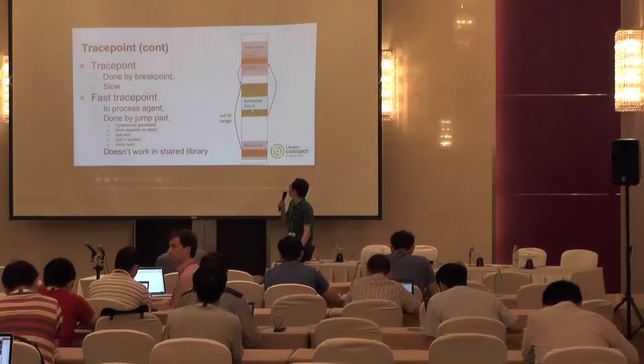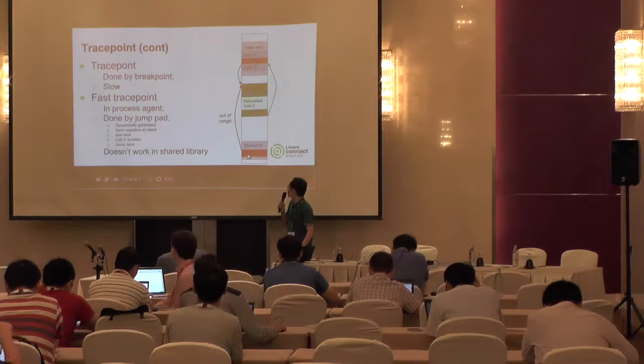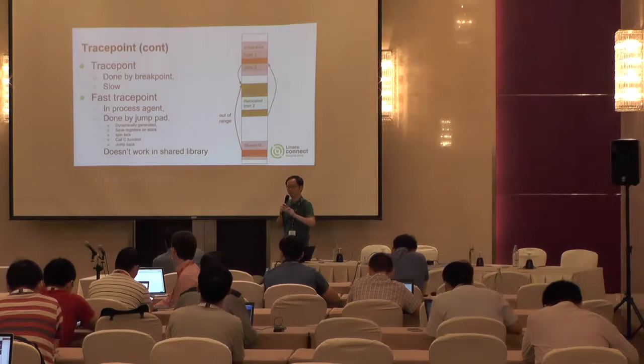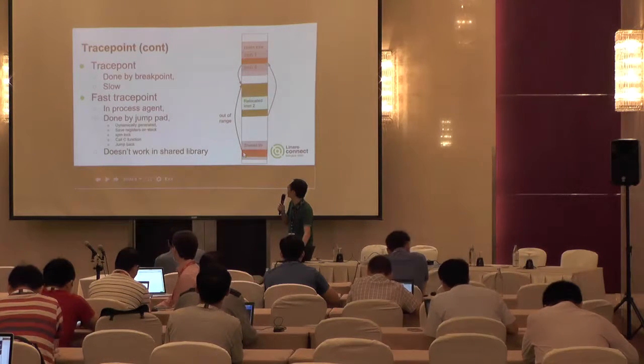So the jump pad is sometimes a little far from the shared library. If you want to use a jump or branch instruction, due to the range allowed in the instruction encodings, sometimes the distance will be out of range. So you cannot jump from the shared library to a jump pad.